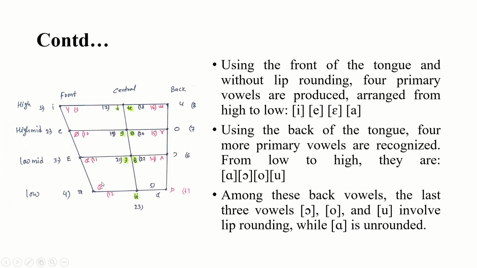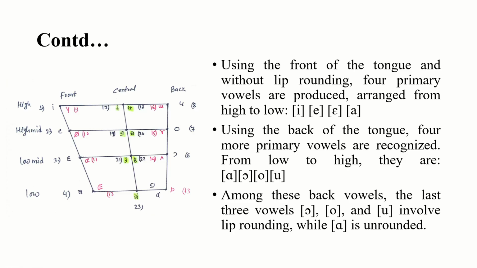So, front primary cardinal vowels, how many? Four, 1 to 4. And back primary cardinal vowels, how many? Again four, 5 to 8. Cardinal vowels 1, 2, 3, 4, and 5 are unrounded. And cardinal vowels 6, 7, and 8 are rounded.